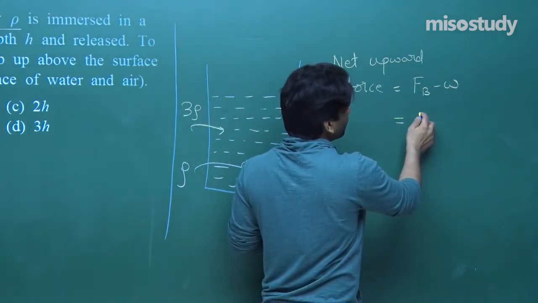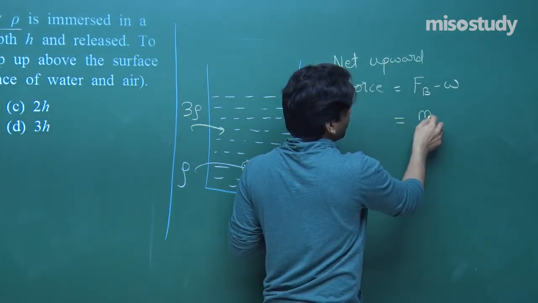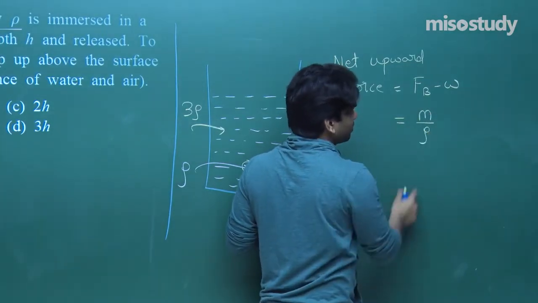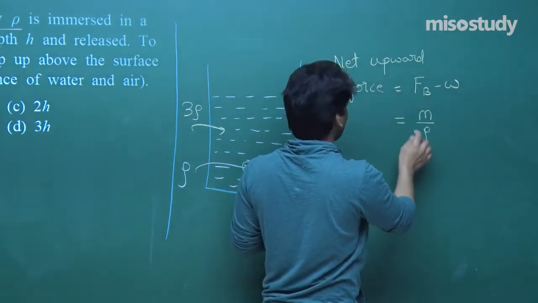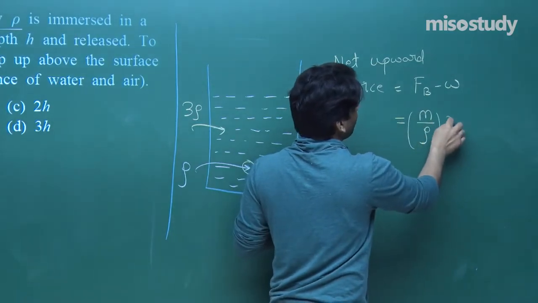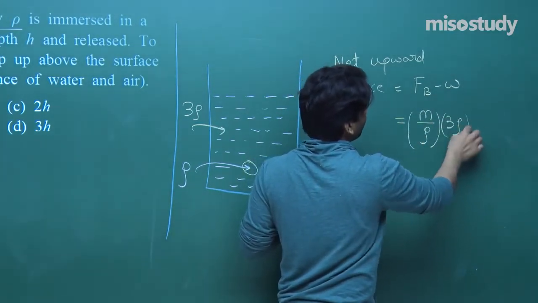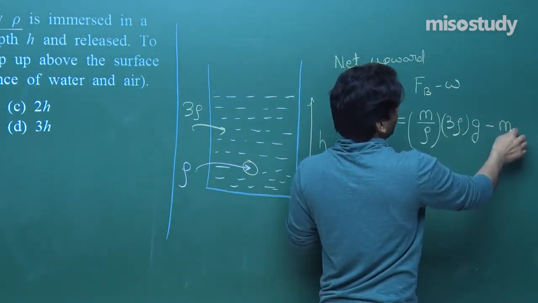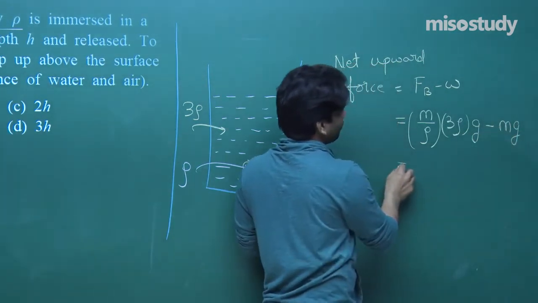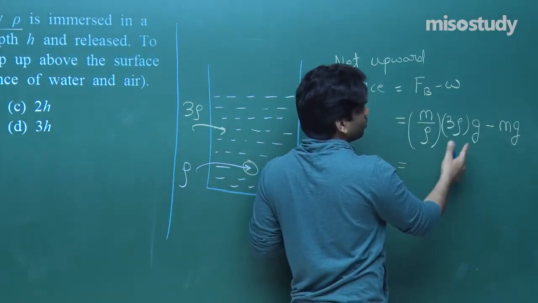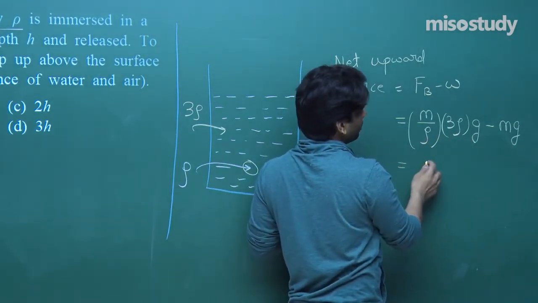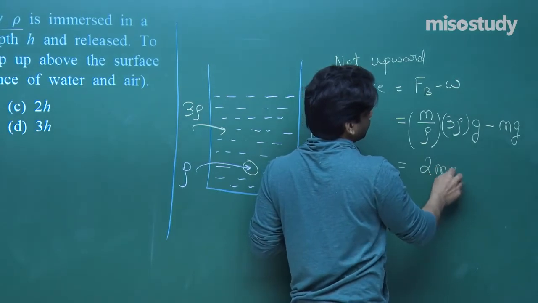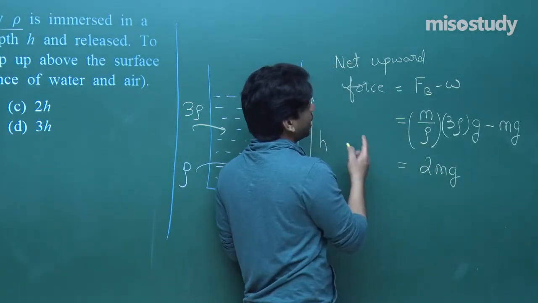Volume is given by its mass over its density, m by rho. Volume into density of liquid, that is 3 rho, into gravity, minus its weight mg. So you will have 3 mg minus mg, which comes out to be 2 mg. This will be the value of the net upward force.